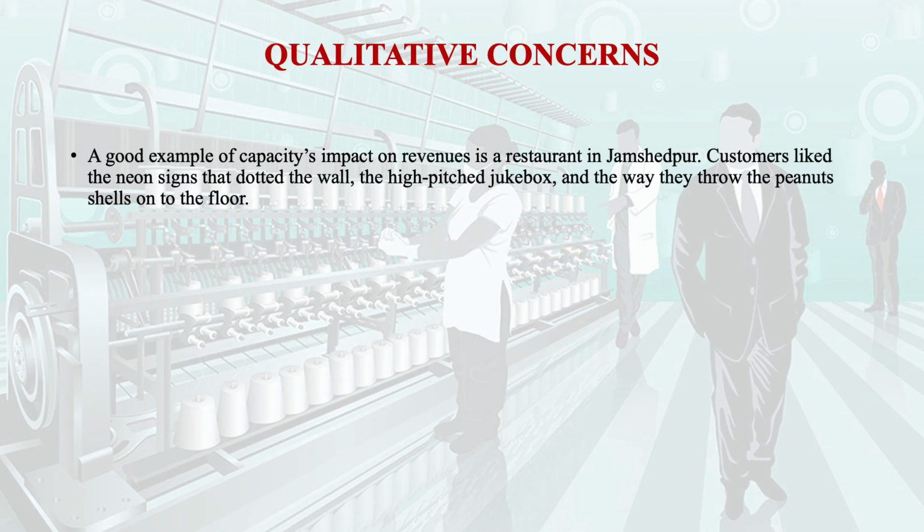A good example of capacity impact on revenue is the restaurant in Jamshedpur. The customers liked the neon signs that dotted the wall, the high-pitched jukebox, and the way they throw the peanut shells to the floor.